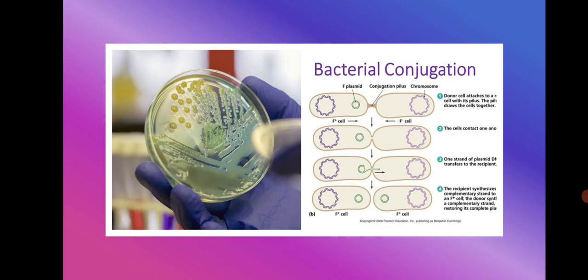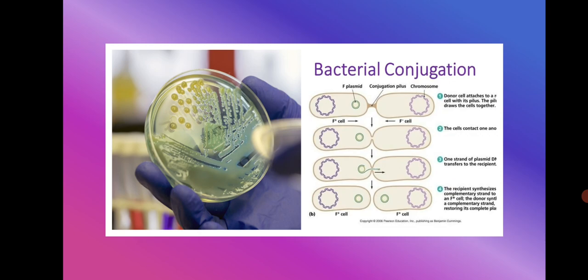One strand of the circular plasmid gets transferred through the pilus to the recipient cell, and later on, upon reaching the recipient cell, the single strand replicates itself and forms its own double strand.